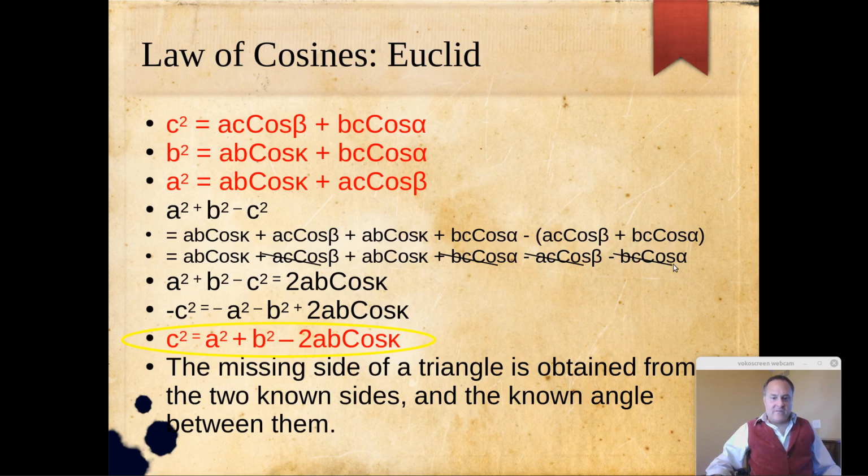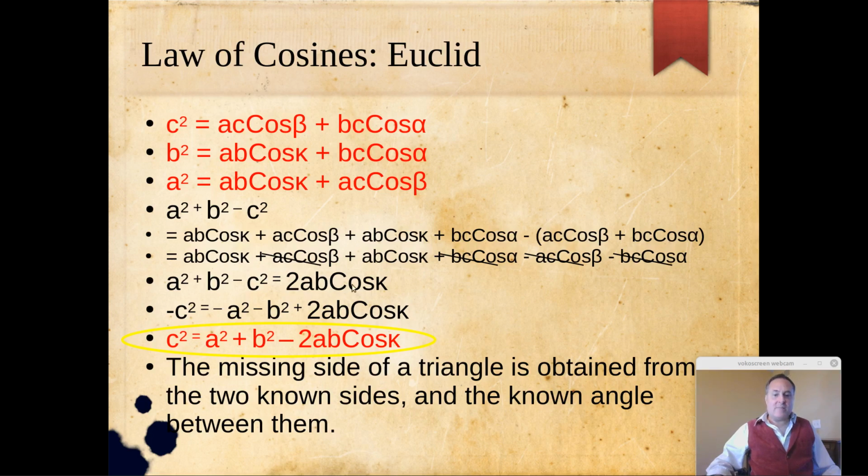And what we find is I've got plus AC cosine beta minus AC cosine beta. These cancel. And this is plus BC cosine alpha minus BC cosine alpha. And so I'm able to simplify. And what drops out is everything having to do with C. And what I'm left with is AB cosine kappa and AB cosine kappa.